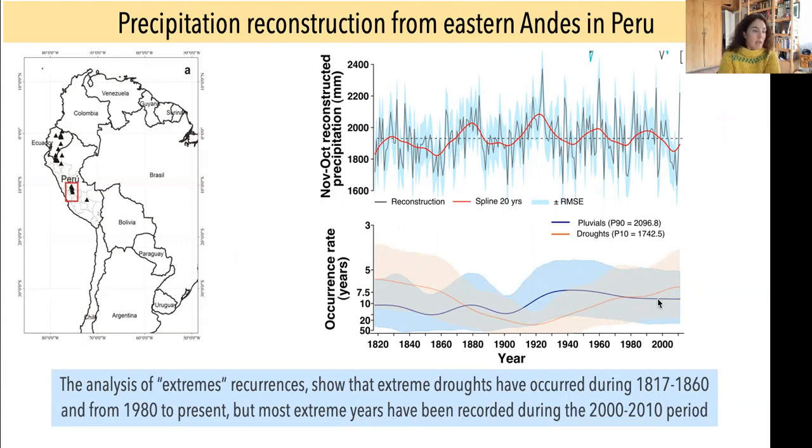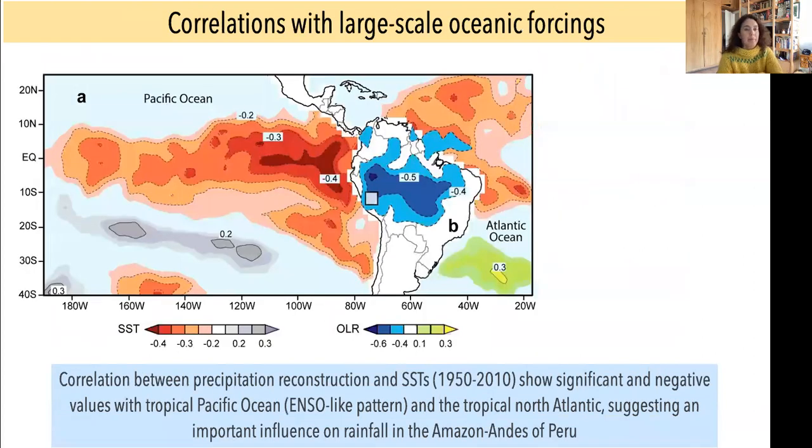Additionally, the most extreme dry values along the reconstruction were recorded during the 2000 to 2010 period. So this is telling us that there is an increase in the very extreme events, mostly during the last decades.